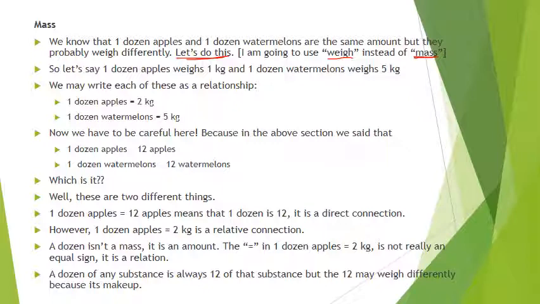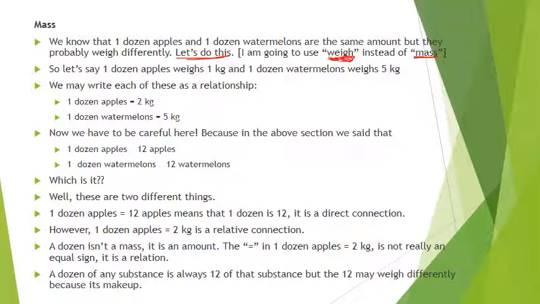I know that weight isn't mass, but to me it's translatable. Technically I should be using the word mass, and sometimes I will do that. But just remember that when I say weight, I really mean mass.